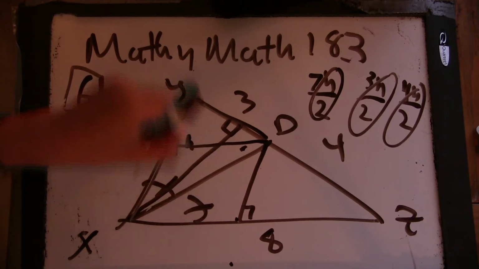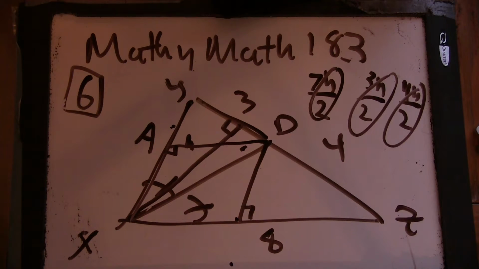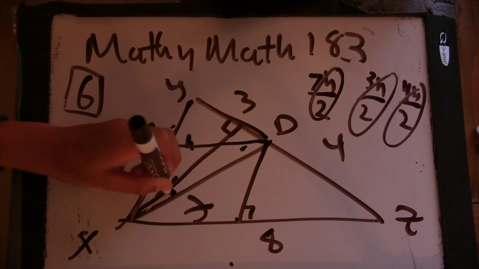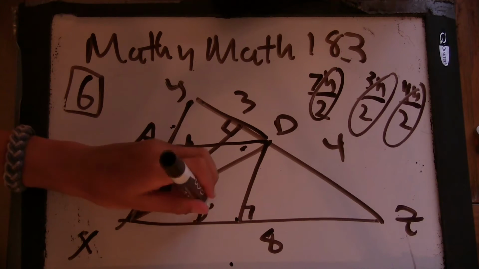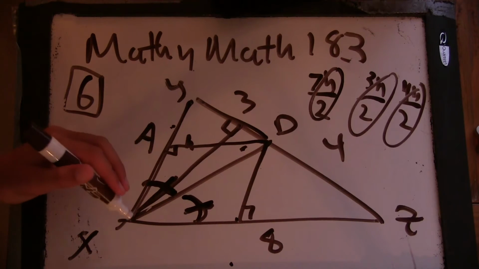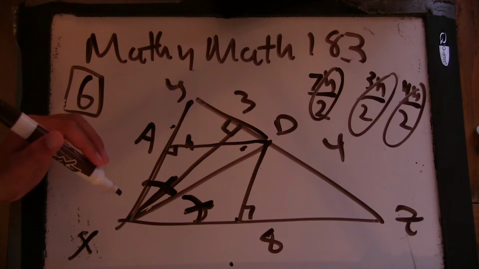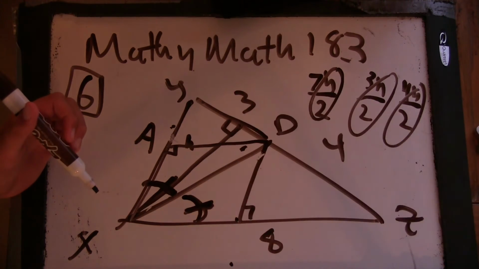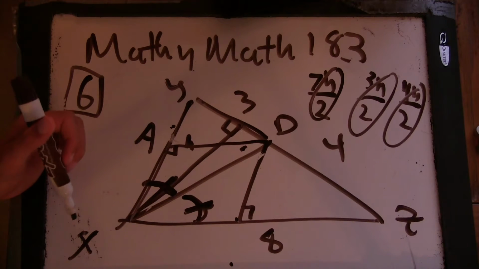Why? Because it's this much away from this side and this much away from this side. That's kind of a hand-waving argument, but there's a real geometric argument for why this height and that height are the same. Can you see it?